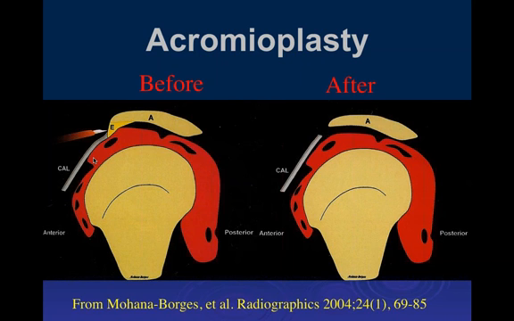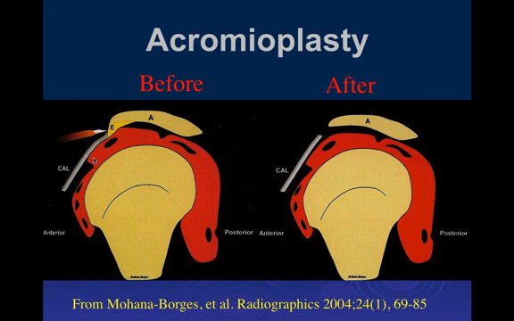But anyway, when you have a type 3 with a hook like this, removing that hook is very helpful. And you can save the coracoacromial ligament, unless it's hypertrophied and causing impingement.